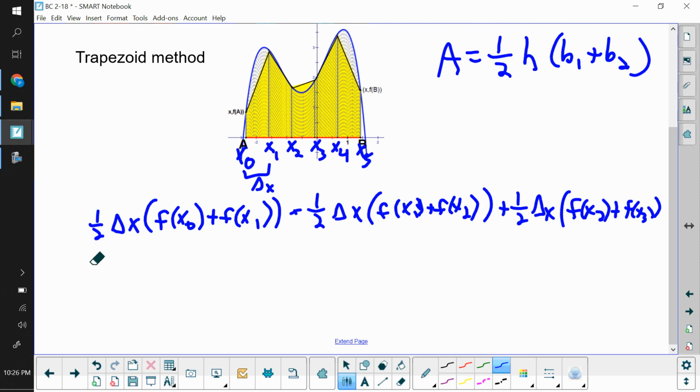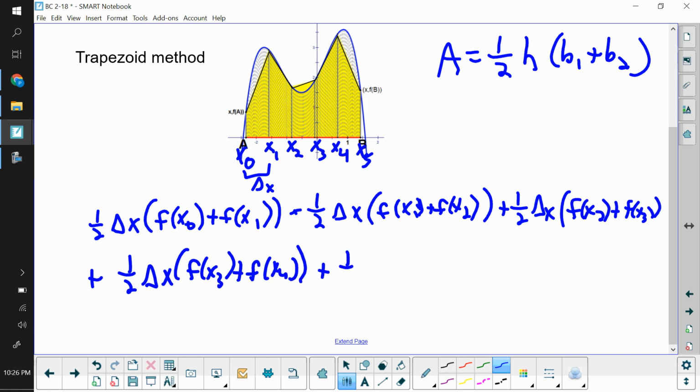That's our third trapezoid. We'll keep going, plus 1/2 delta x, f of x3 plus f of x4, plus 1/2 delta x, f of x4 plus f of x5. And that's 5 trapezoids, and that's what we had.